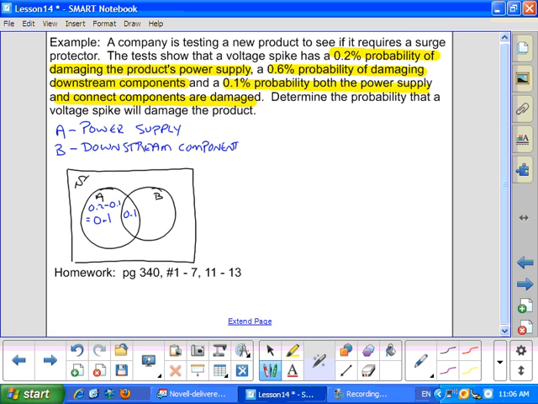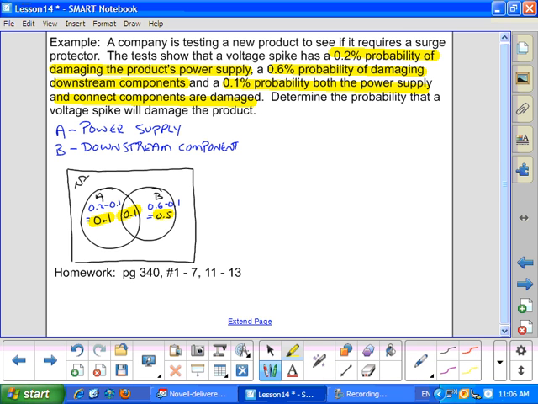So it's actually 0.1 that just the computer will get fried, because 0.1 of that is both get fried. And on the other side, there's a 0.6 probability that the downstream component gets zinged. But remember, there's already the 0.1 in that bubble, so it's really just a straight 0.5% probability chance for the downstream component. So you can answer the question from the Venn diagram.